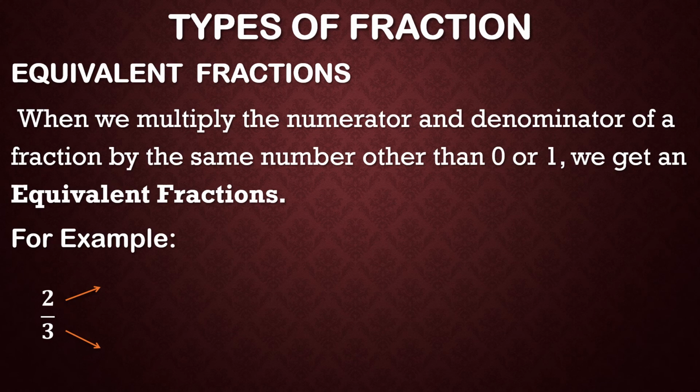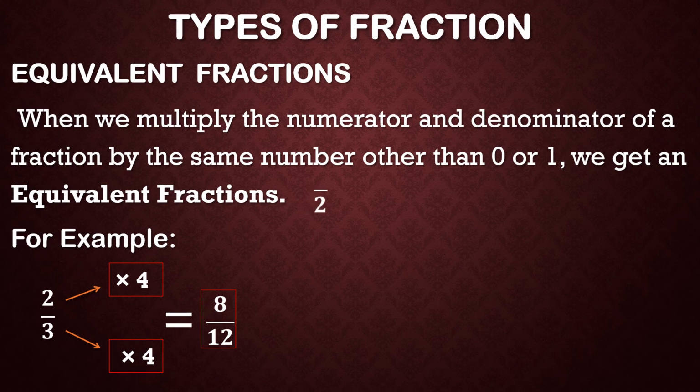If we take 4 as a common number and multiply, we get 2 4s are 8 and 3 4s are 12, 8 upon 12. So 8 upon 12 is an equivalent fraction of 2 upon 3.